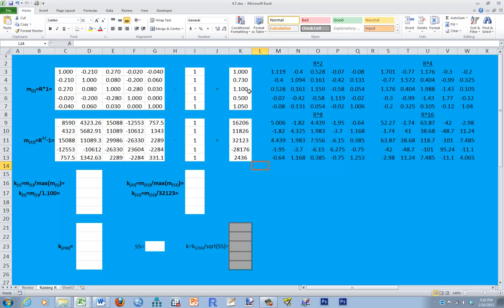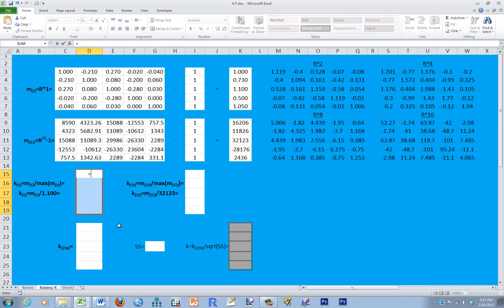We can see that the maximum value in M1 is 1.1 and the maximum value in M32 is 32,123. So I've set it up over here. This is our formula. K sub 1 is going to be M sub 1 divided by the maximum value of M sub 1.